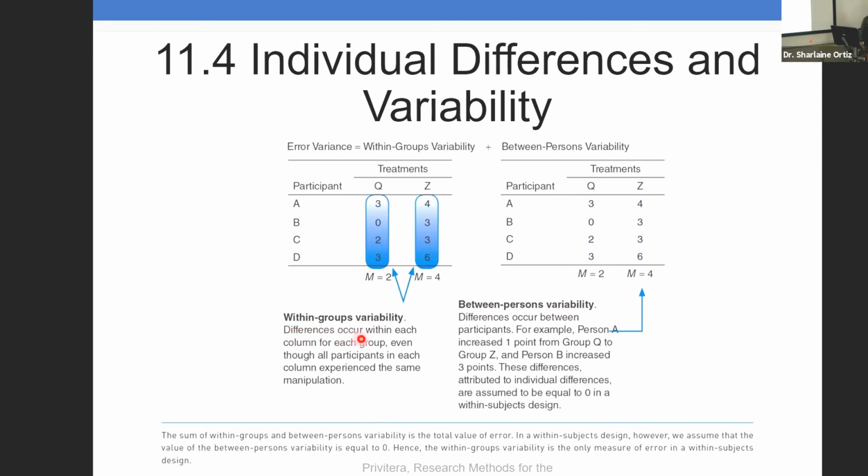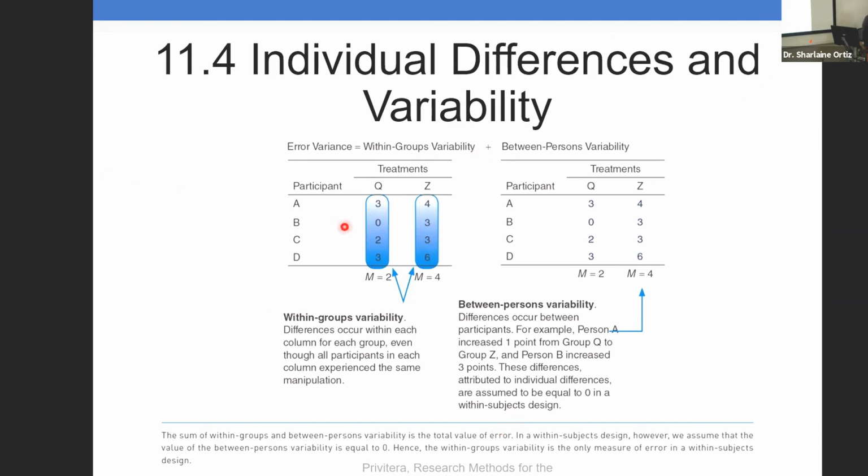differences are going to occur even though all of the participants in each column, so for example the participants here and the participants in your second column, experience the same manipulation.